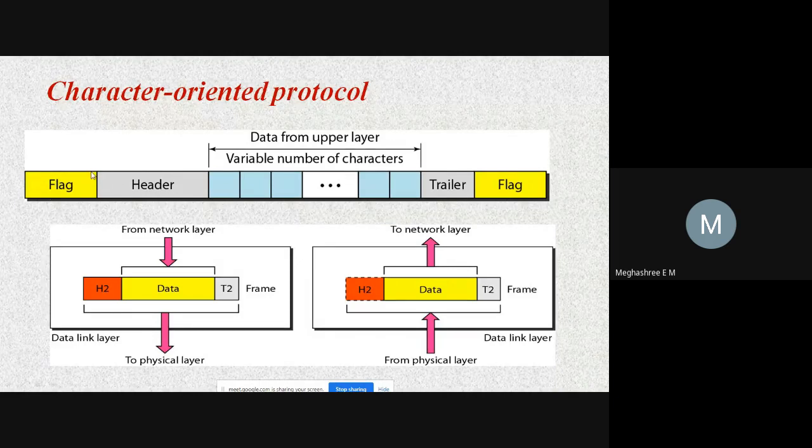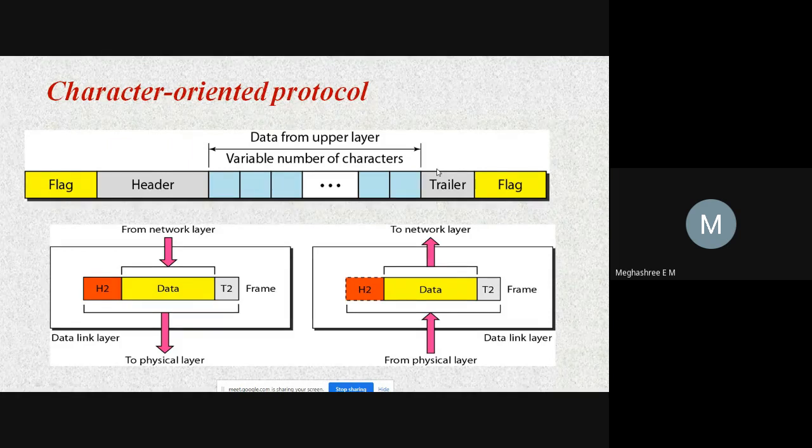From header till trailer it is a frame, where since it is a variable size framing, you need to have the beginning of the frame and ending of the frame to say that this frame starts from here and ends here. Header, as I said, is the information required for the receiver to process the data, whether it may be source address or destination address.